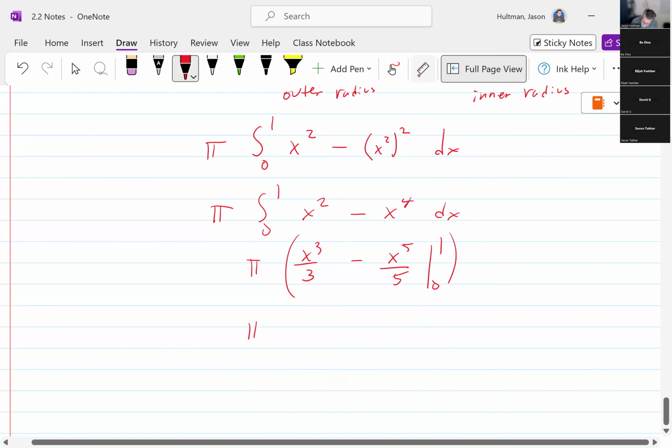So this is going to become pi times 1 cubed over 3 minus 1 to the 5th over 5, minus 0 cubed over 3 minus 0 to the 5th over 5. Well, again, this thing goes to 0.